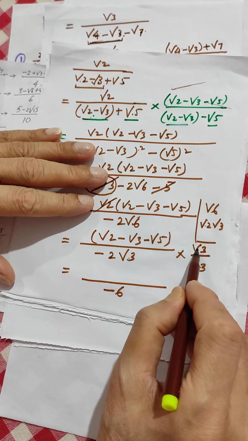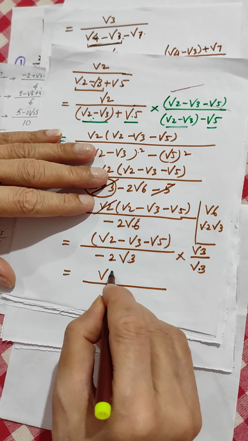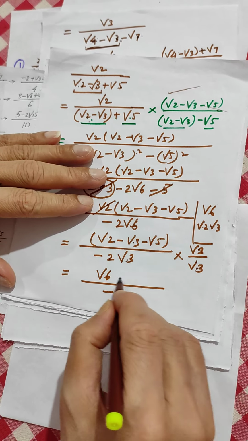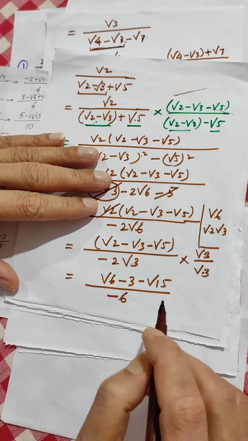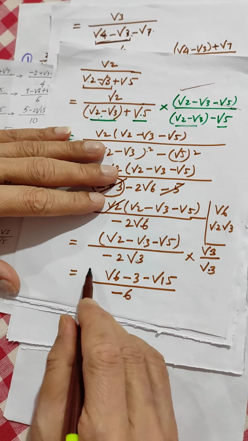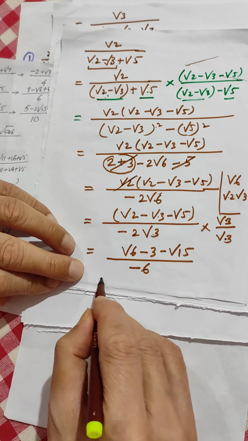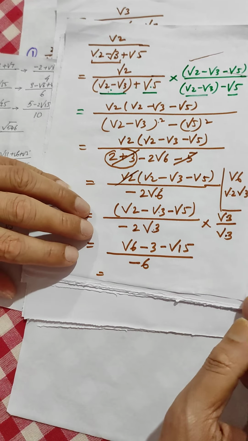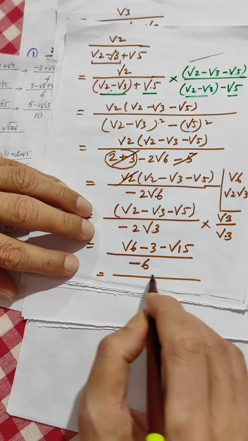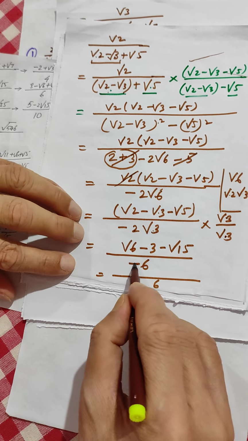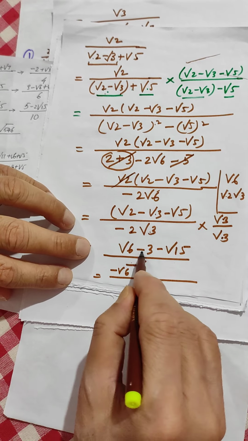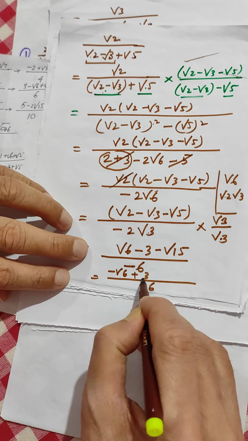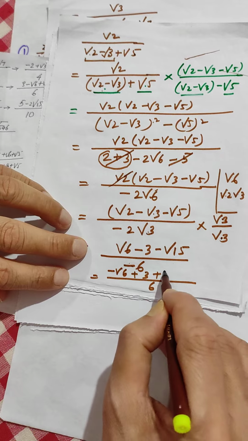And numerator, root 3 into root 2, root 6, root 3 into root 3, 3, minus root 15. So we have got the answer. Now only thing, this minus has to be taken in the numerator. So finally we get 6, and this minus will come here, so it will become minus root 6, minus minus plus root 3, then minus minus plus root 15.